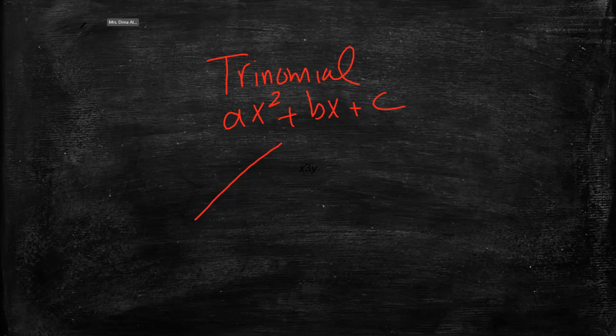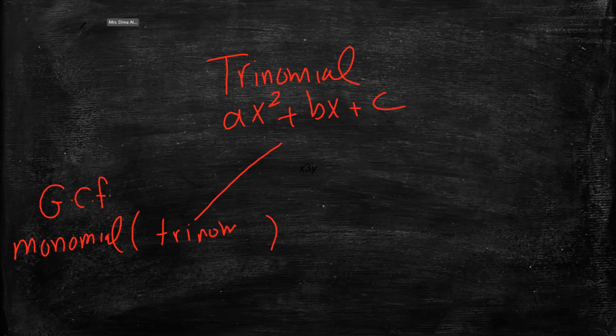The first way, you find the GCF and you put a monomial outside, and then you write the trinomial which will be left. And you can also write it the way that we discussed in lesson 6, by rewriting it into two factors. Let's now talk about the first one.